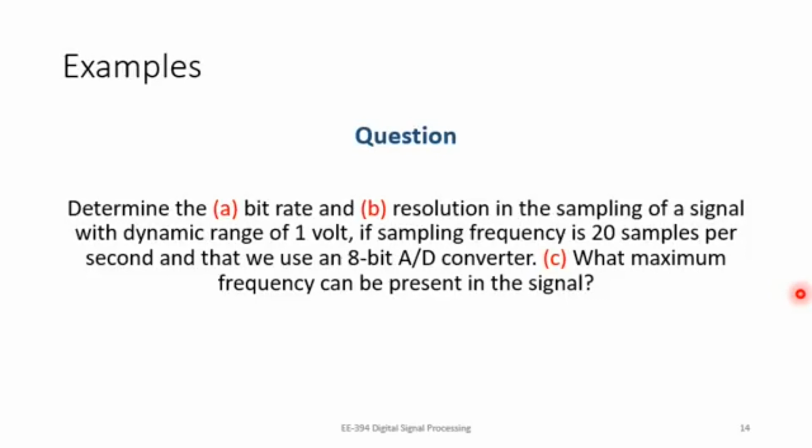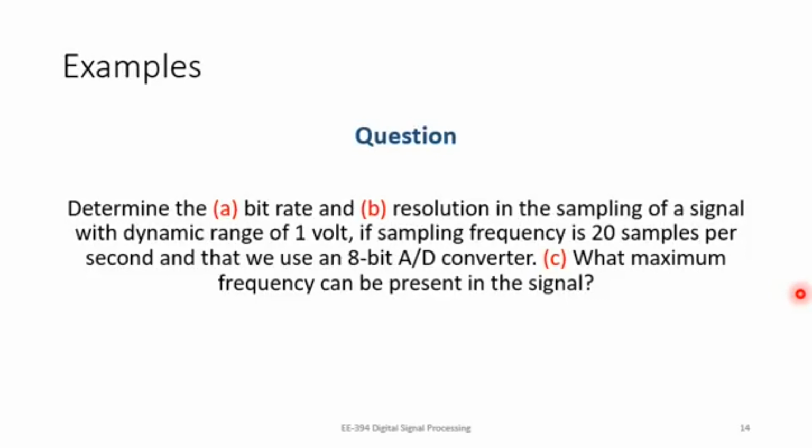So the signal is not given, but the dynamic range is provided to us, which is 1 volt. If the sampling frequency Fs is 20 samples per second, and we are using an 8-bit analog to digital converter. So we are given another piece of information that this quantizer is 8 bits per sample.